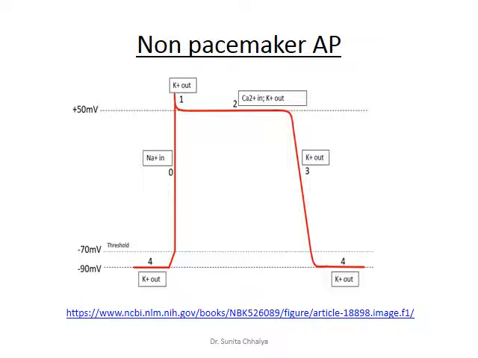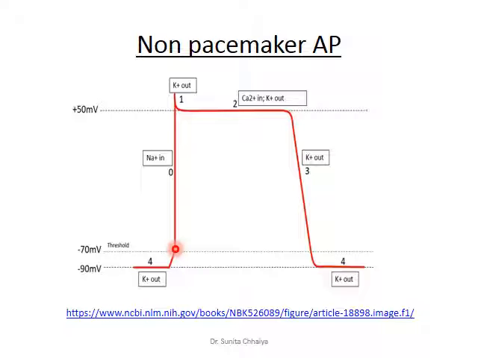While in a non-pacemaker action potential, they are not a pacemaker tissue, so they require a stimulus to generate an action potential, in which the membrane potential is around minus 90 millivolt, and the threshold potential is around minus 70 millivolt.